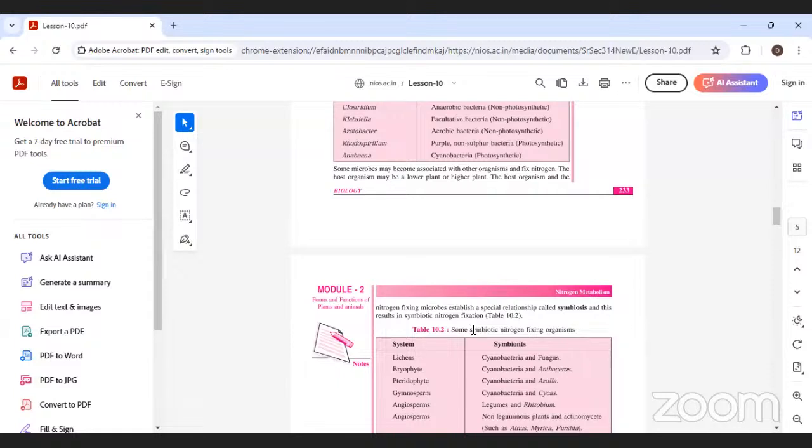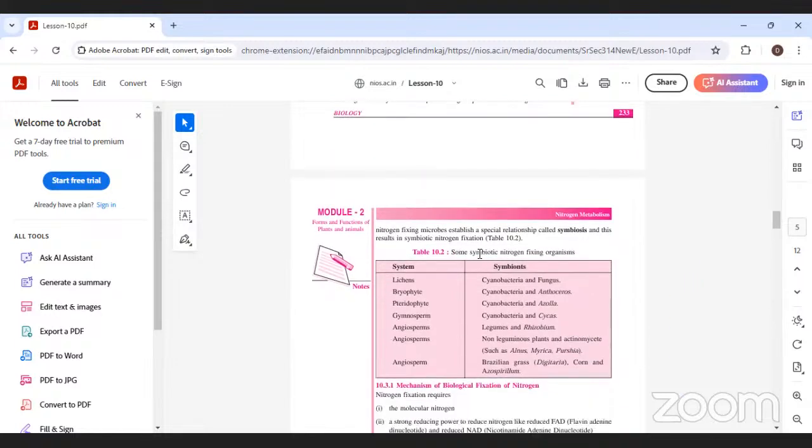The host organism and the nitrogen fixing microbes establish a special relationship which is called symbiosis, and this results in symbiotic nitrogen fixation. See how many symbiotic nitrogen fixations you can observe in the table.